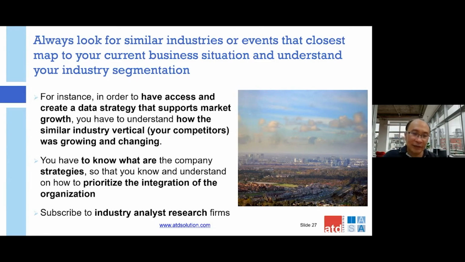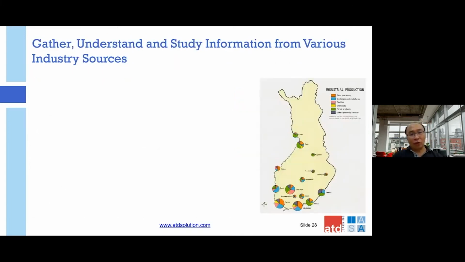to get their insight report on the particular industry segment that you are in. From there, at least you can do a benchmarking. You can understand where you are, where you want to position moving forward. Then after you get all the data, you gather, understand, and study the information from various industry sources.